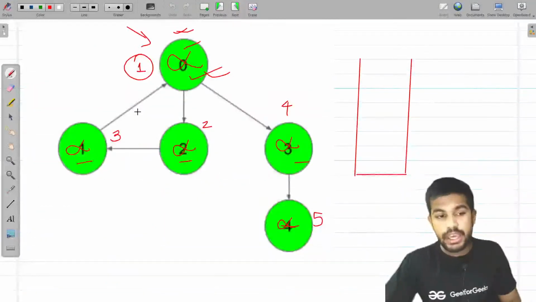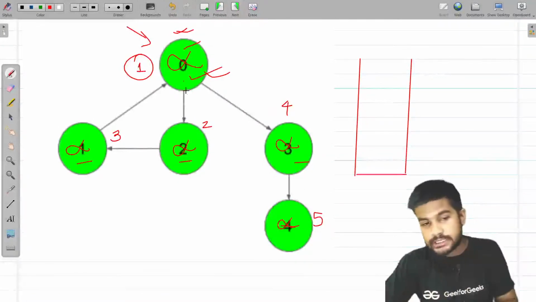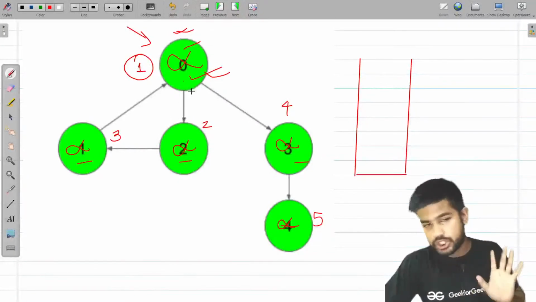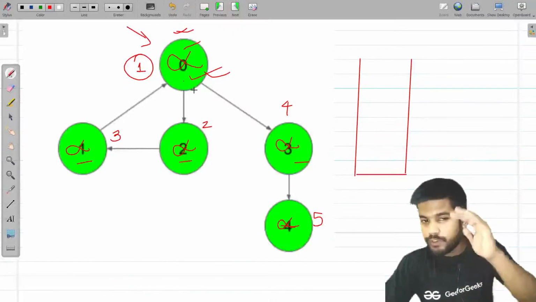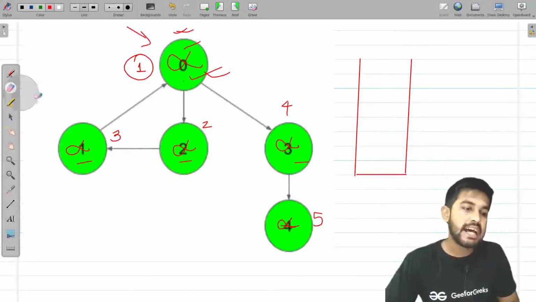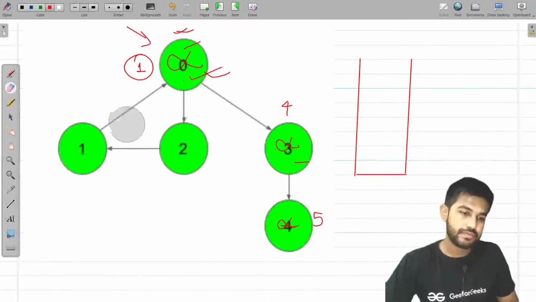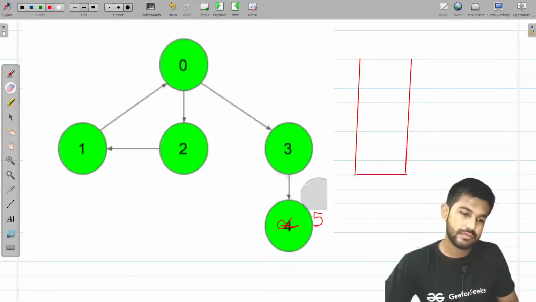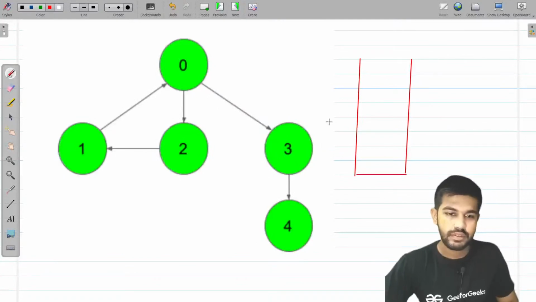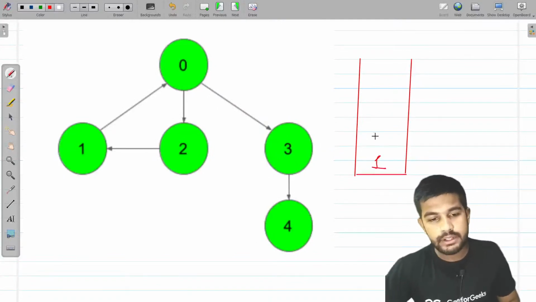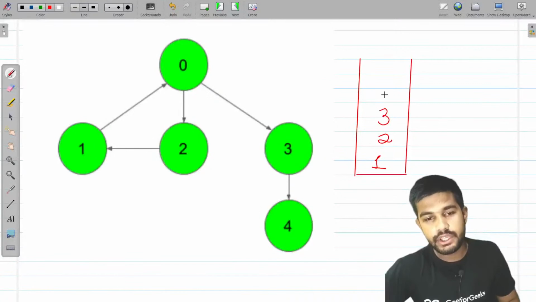In the same way, after all of zero's neighbors are done, then we would be pushing it. After that, what would we do? So 1, 2, 3, 4, and 0 itself.